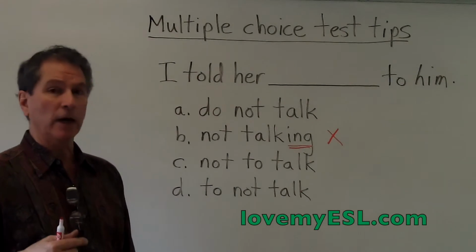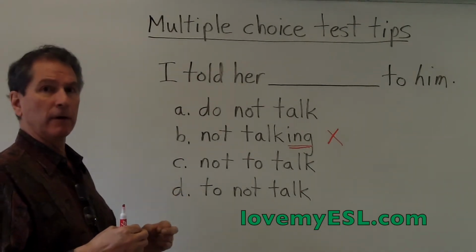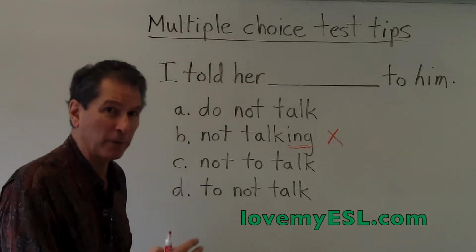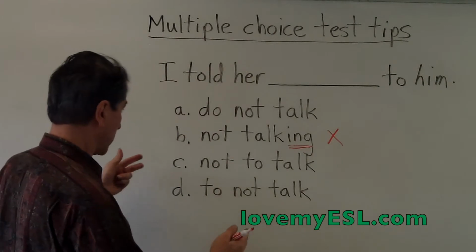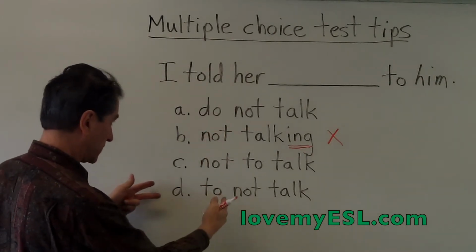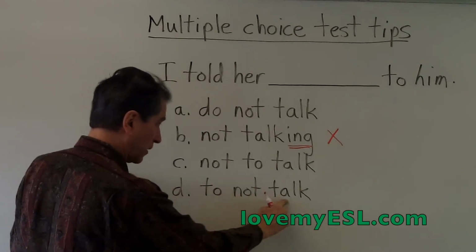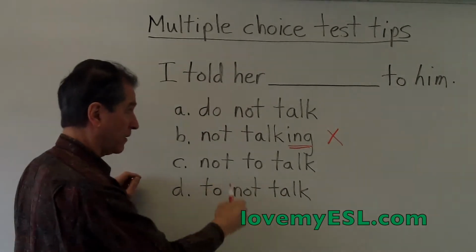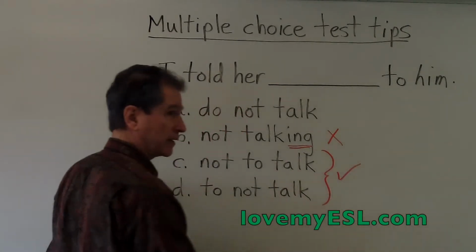The third rule: the answers that are almost the same are probably one of the two answers. Which ones are almost the same here? Well, if you look at all of these, notice not to talk, to not talk, same words. Therefore, one of these two has got to be the right answer.